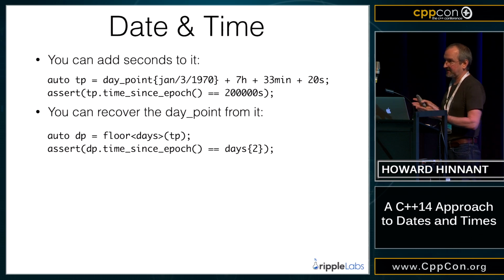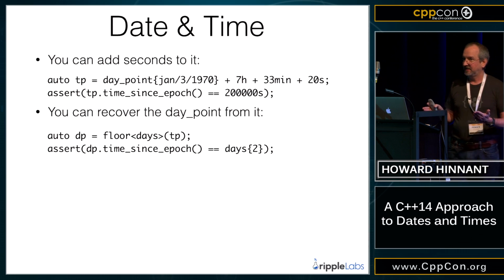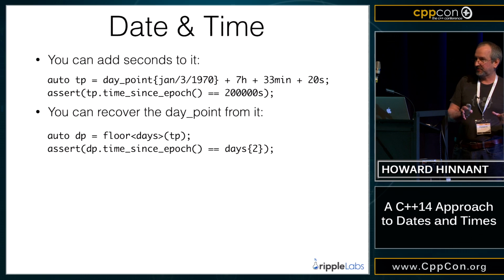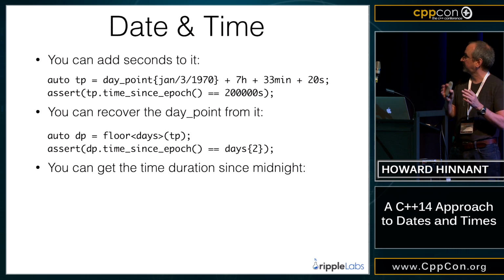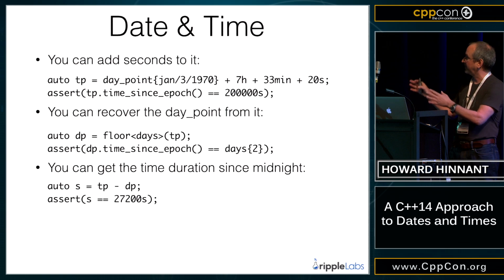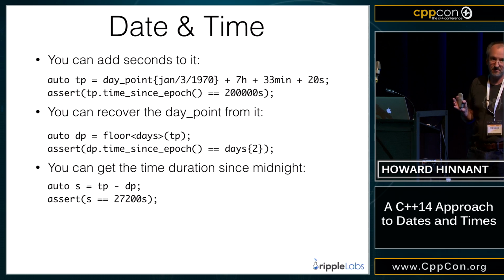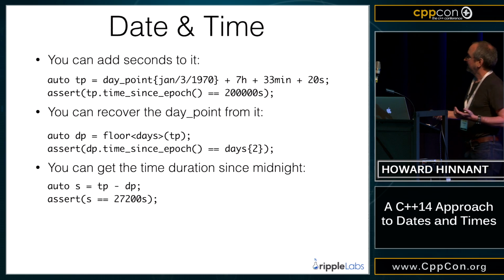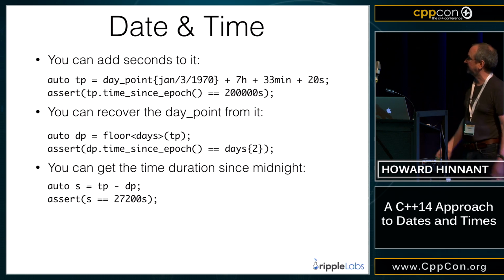However, day_point can be thought of as a time_point to the very first minute of a day. So if we take this fine precision time_point, tp, and subtract from that the coarse precision day_point, dp, you get the time since midnight. Now you get it in seconds, but we'll deal with that. But it's very intuitive once you know the tricks. You want the time of day, you subtract the current time minus the time that corresponds to midnight. Simple as that.